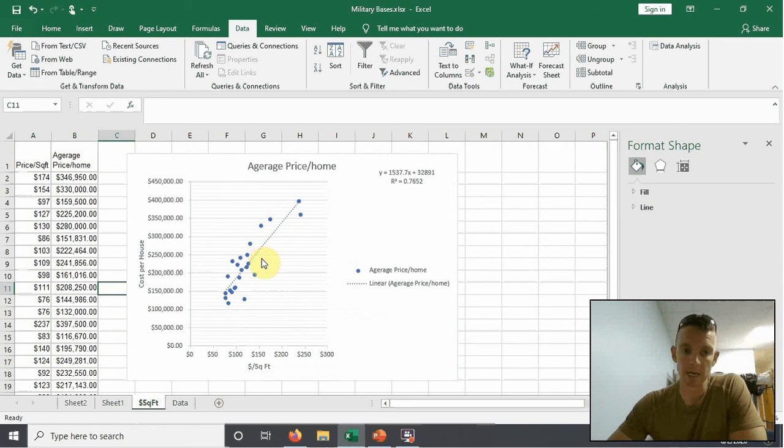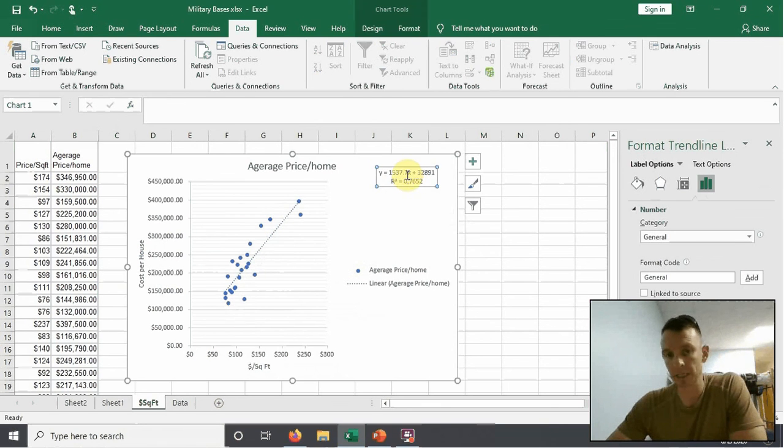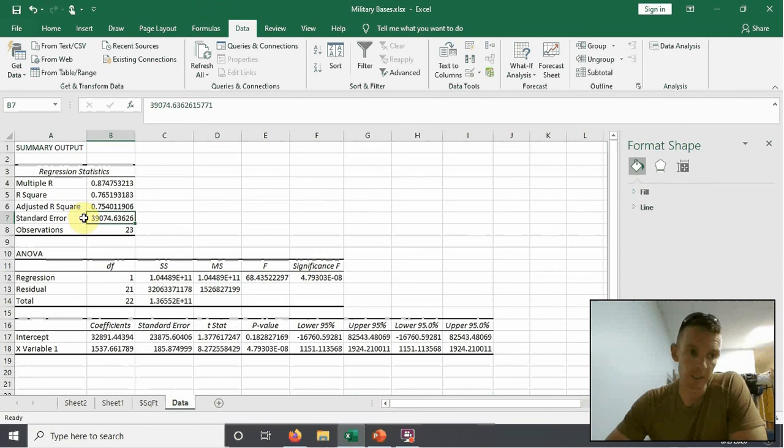That gives you your range, between this range and that range. You can actually calculate that out using this linear equation here to determine what the range would be.